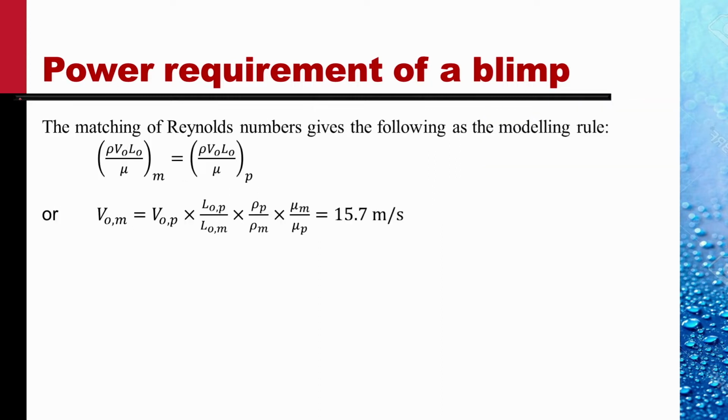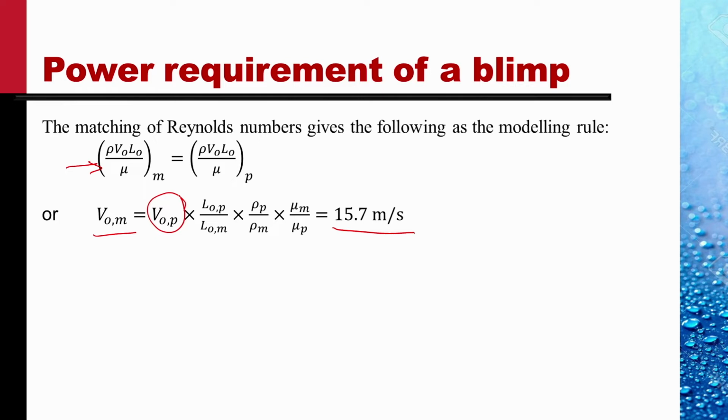And if we match the Reynolds number, that means the value of the Reynolds number for the model is set equal to the value of Reynolds number for the prototype. This is the expression, and from this we get the velocity of the model should be 15.7 meters per second when we use 10 meters per second for VOP, that's the prototype velocity.